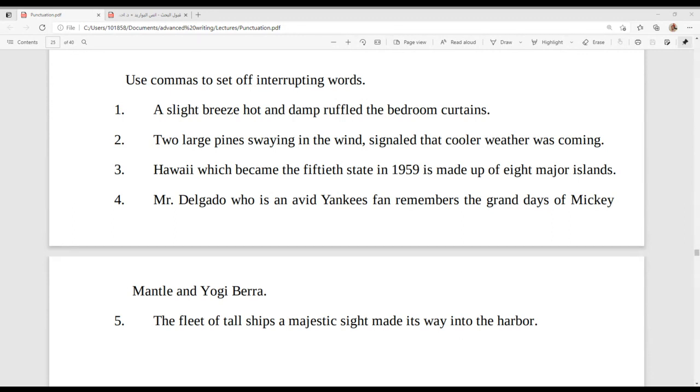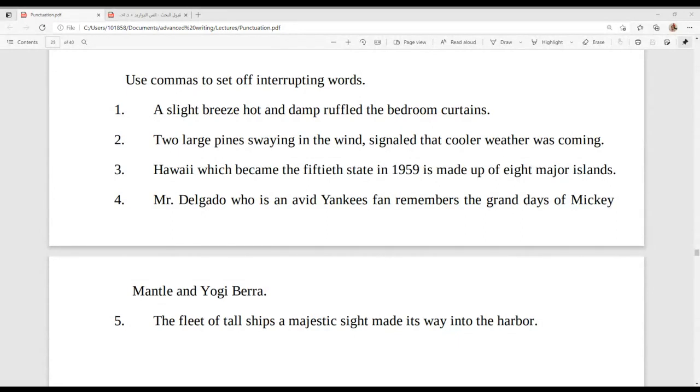Next: Mr. Delgado, who is an avid Yankees fan, remembers the greats of Mickey Mantle, etc. So comma before who is an avid Yankees fan, comma, remembers the greats.